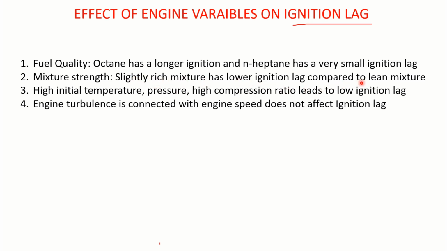High initial temperature and pressure of the mixture, also a high compression ratio, which will increase the temperature and pressure of the mixture, leads to low ignition lag. However, engine turbulence, which is connected with the engine speed, does not affect ignition lag.